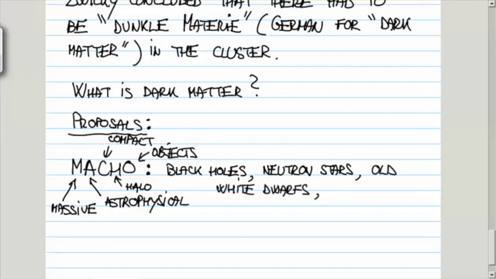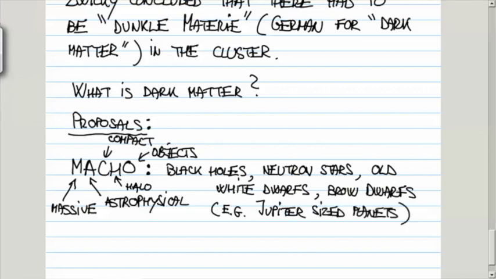Then brown dwarfs, the stars that never could quite become main sequence stars, right? Because they didn't have enough mass. For instance, Jupiter-sized planets.